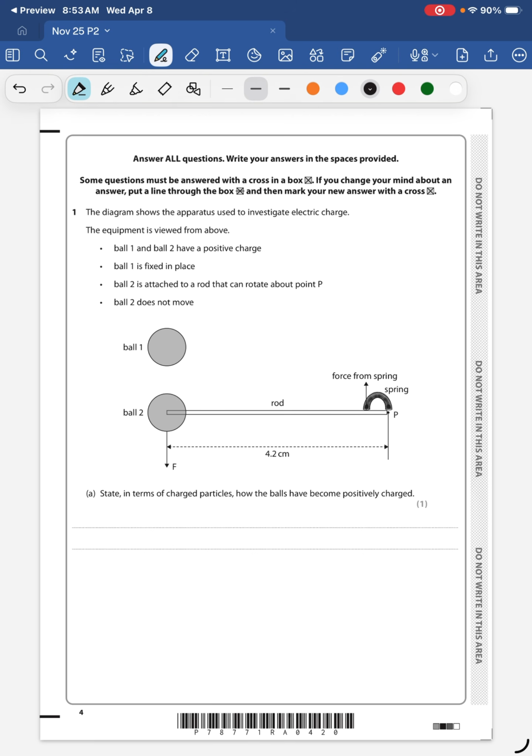State in terms of charged particles how the balls have become positively charged. So they probably lost their electrons. So the balls lost electrons, hence they now have a net positive charge.